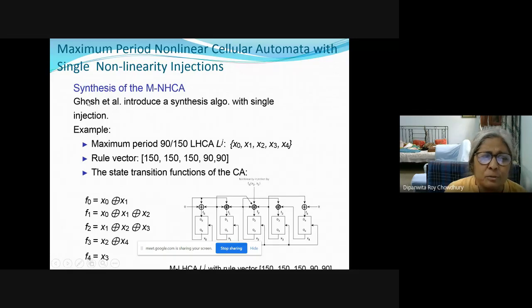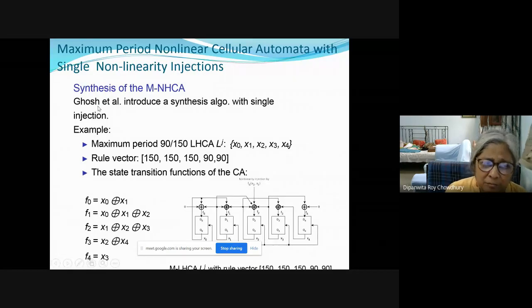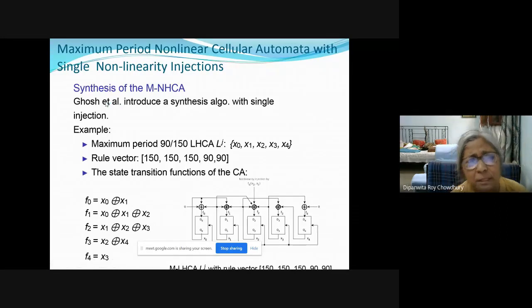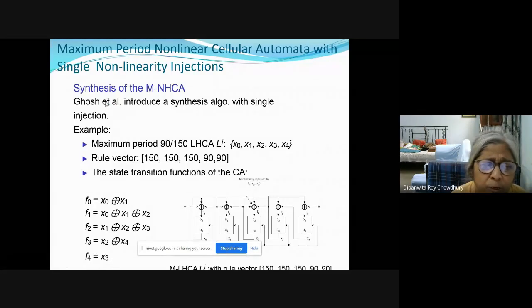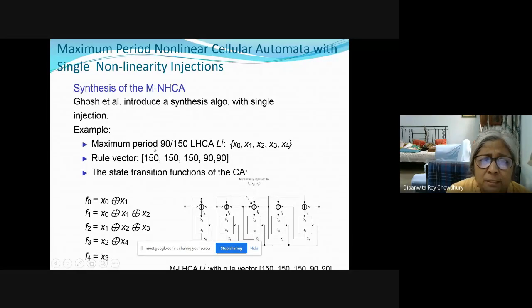We have used an existing algorithm, which is not part of this work, that gets maximum length nonlinear cellular automata from maximum length linear cellular automata. Here we have taken 90, 150 maximum lengths, and the rule vector is 150, 150, 150, 90, 90, the 5-cell maximum length linear.